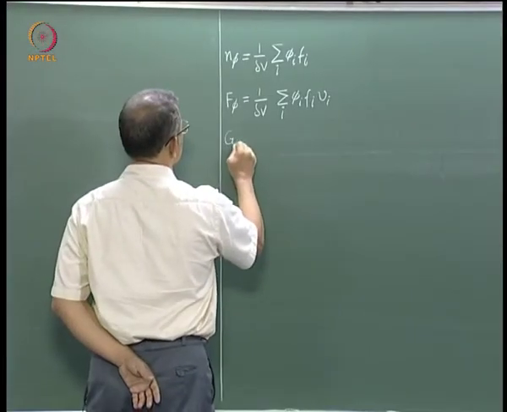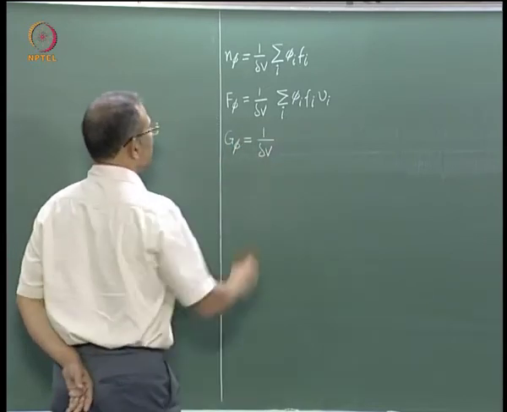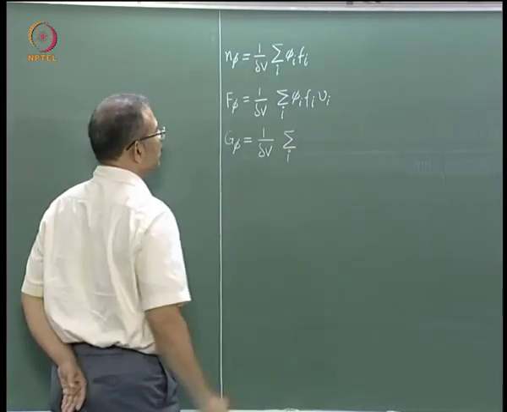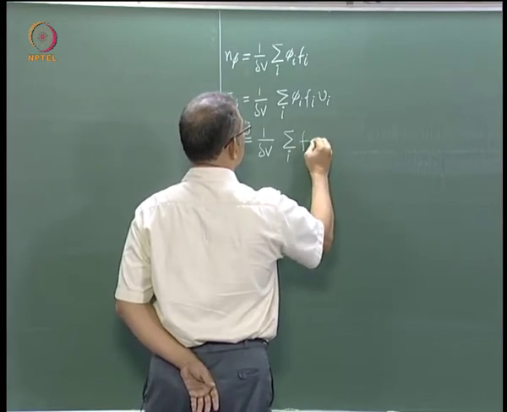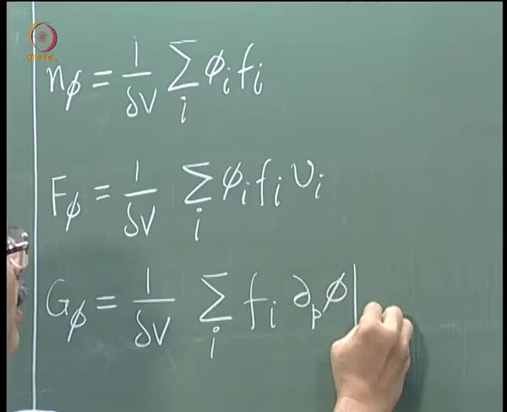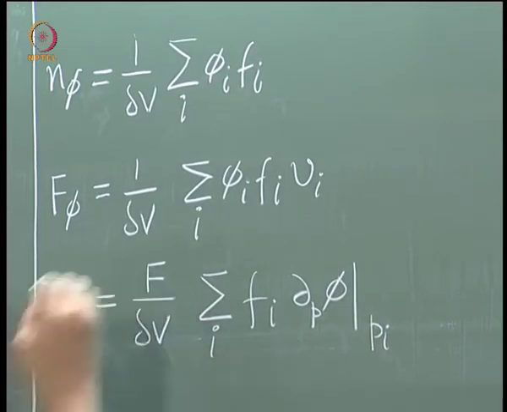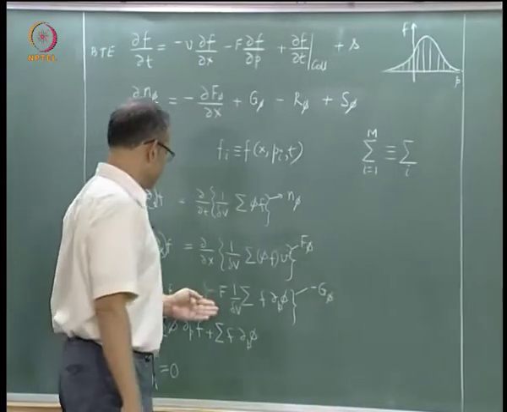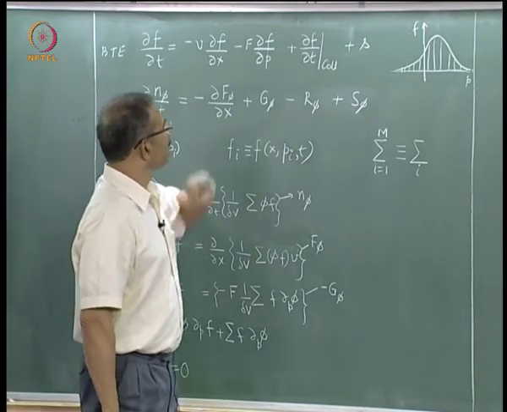So g phi is equal to 1 by delta v summing over all the states f I dou f by dou p corresponding to pi into the force F here. Okay, so that is what your g phi is. And R phi.